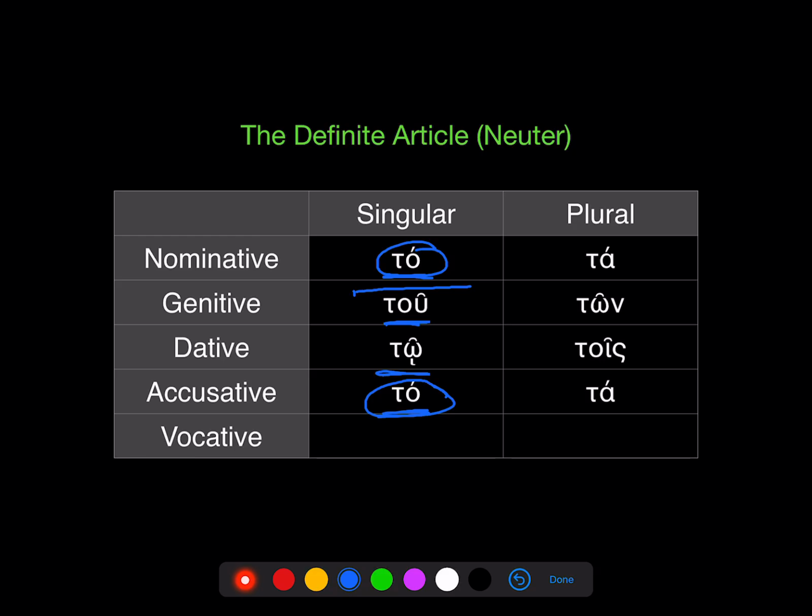And the genitive and the dative look just like the masculine. And in the plural, ta, nominative and accusative look just like each other, and end in short alpha. The genitive and dative plural look just like the masculine. So that's the neuter definite article.